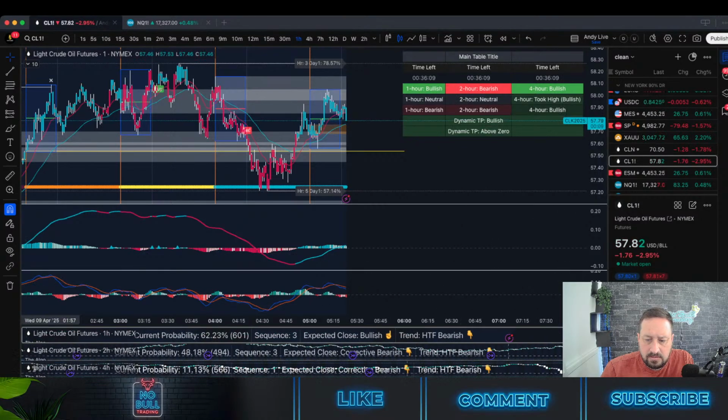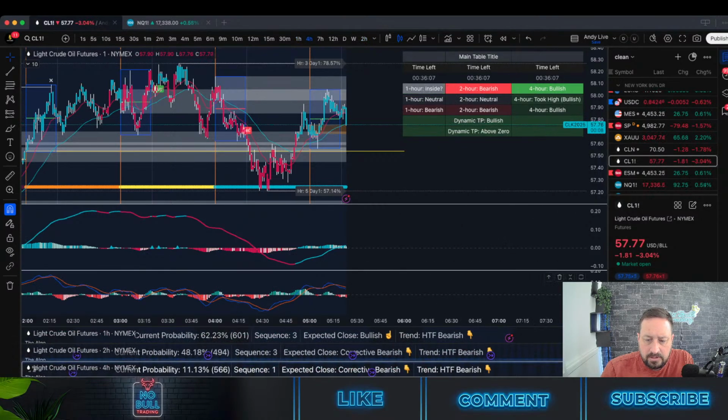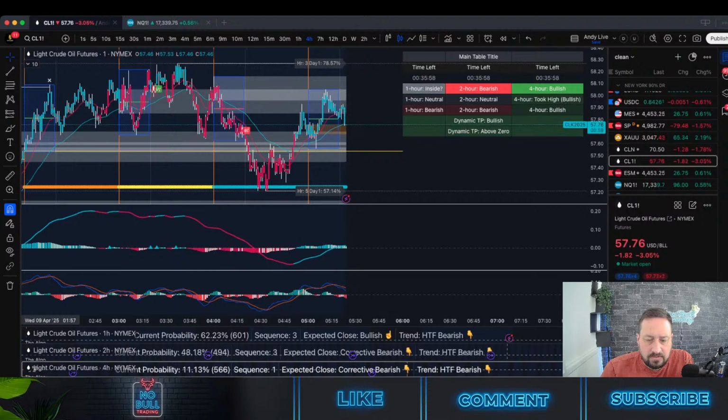CL. Higher time frames are bearish. 4 hours bearish. Sorry, bullish. We have got this hour. We have got high probability of taking this high, and we are tapping back into here.